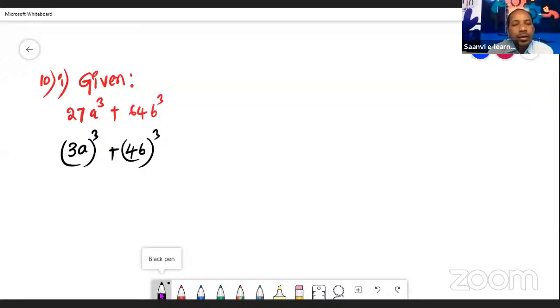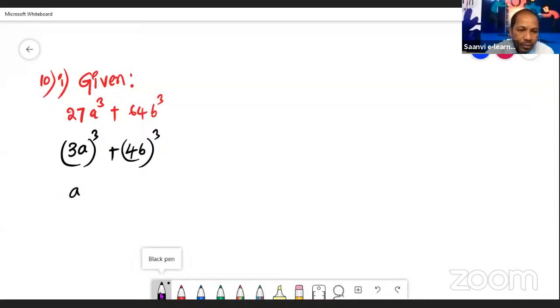Yes. (4b) whole cube means 4 cube and b cube. 4 cube value is 4 4s are 16, 16 4s are 64. And b whole cube means b cube. Now see, completely it is in the form of a cube plus b cube.